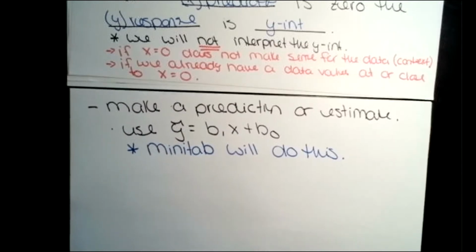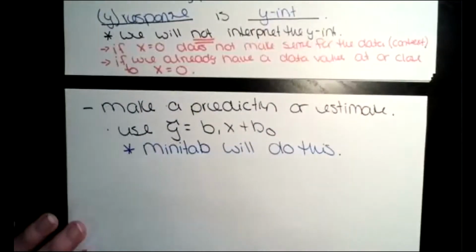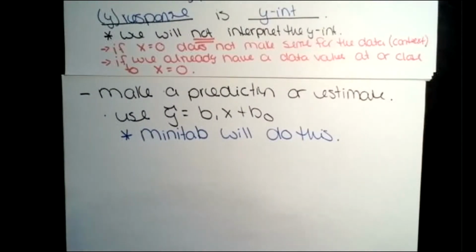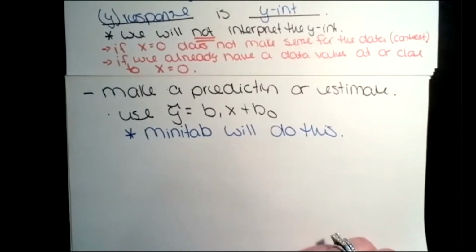So if we want to know for a certain value of x what that y would be based on the equation of our line, we can just ask Minitab to do that for us. I will show you in an example how to do that. It's towards the end of the example, but we can look at doing that.